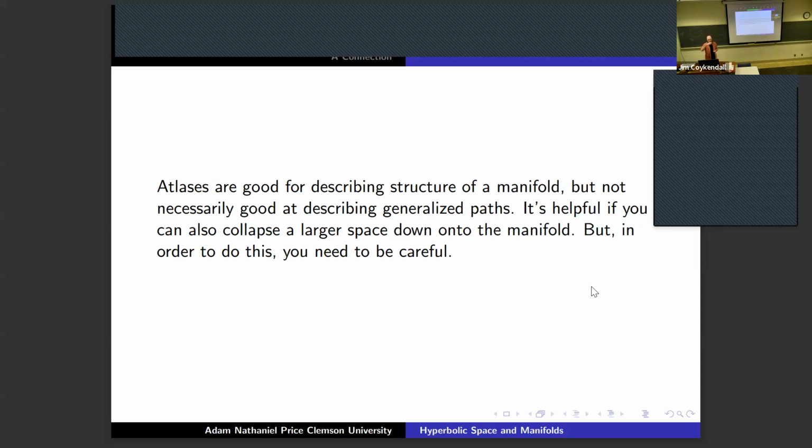So an atlas is good for describing structures on a manifold, but it's not necessarily good at describing generalized maps. Let me think about a map. If I have the Earth here, and I want to talk about this patch, then I draw some sort of map, say this is South Carolina.